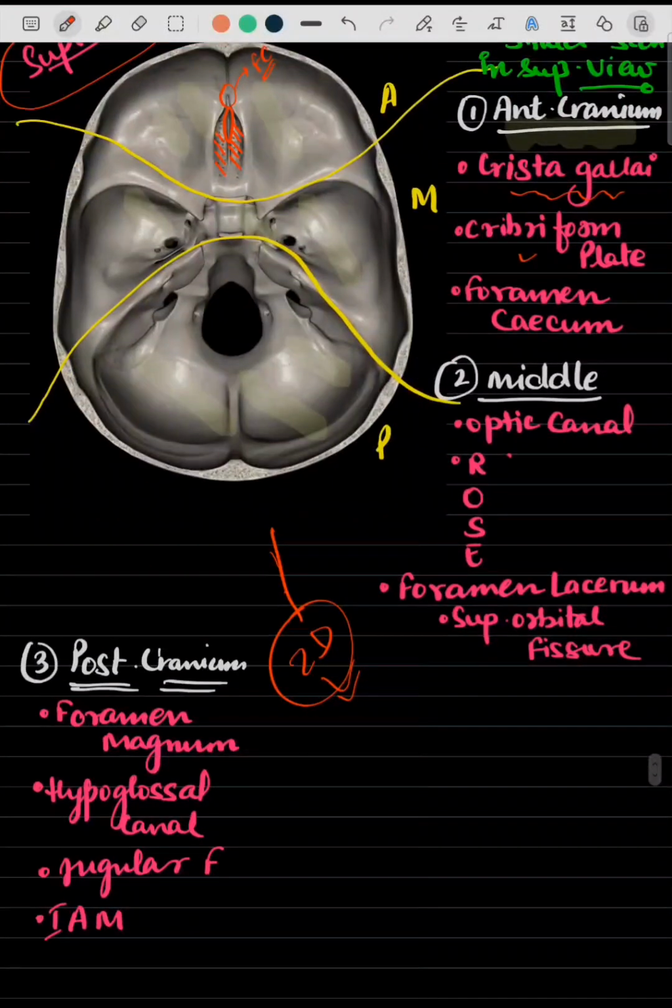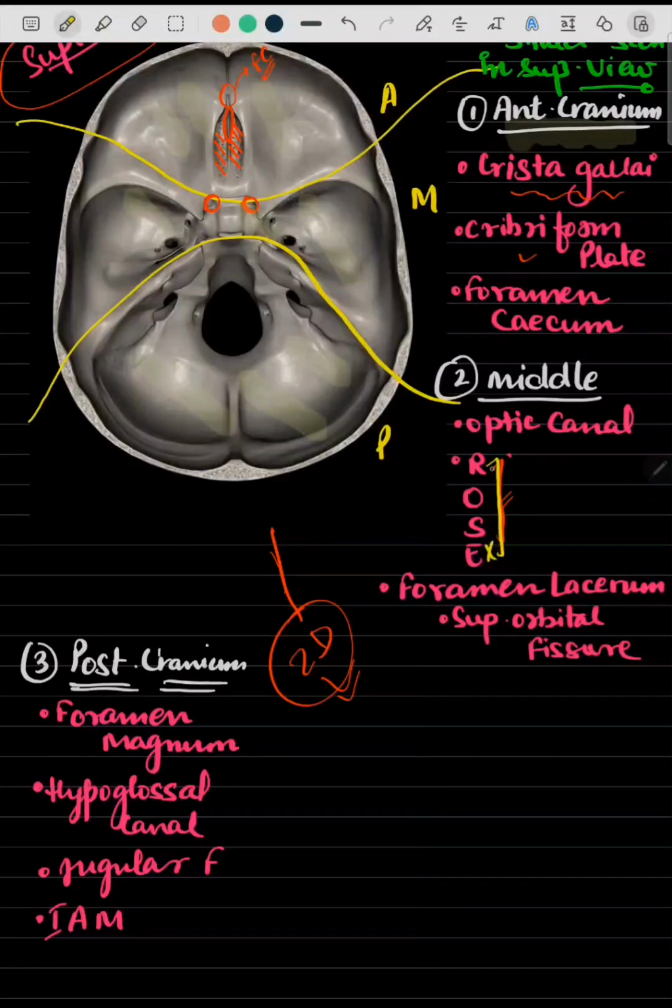Okay, moving ahead to the middle portion of the cranial cavity, what are the foramens which could be seen here? Again, here we have first the optic canals. These are where the optic canals are present usually. Now what is this rose here? See here, what is this rose? This is basically a small mnemonic I've written for you to remember these 3 foramens.